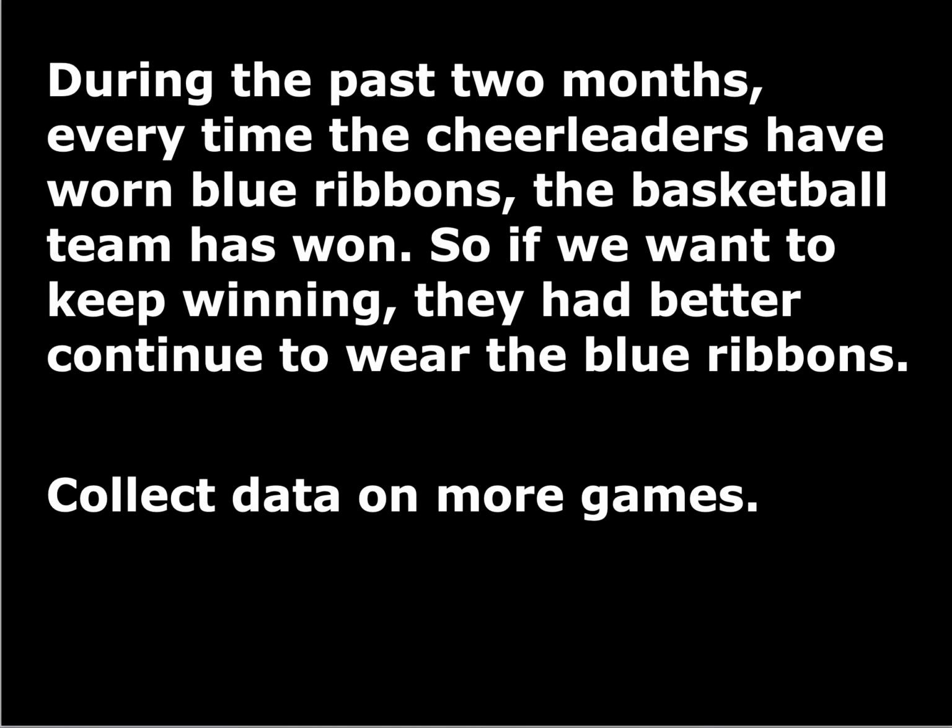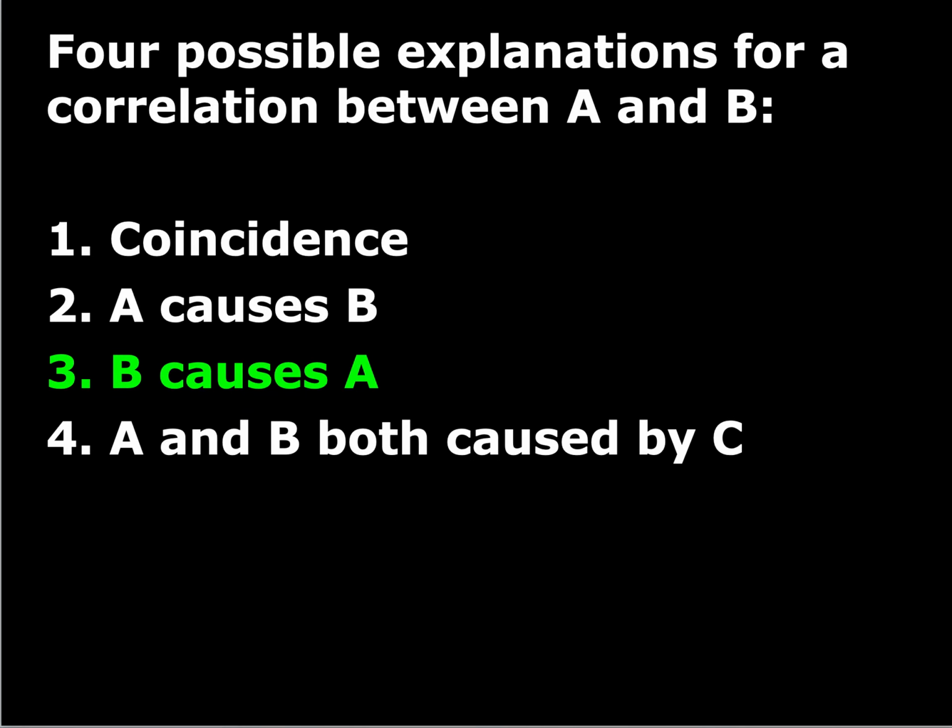Okay. How do you rule out B causes A? I'm going to say something right now about ruling that out, but I want to say one quick thing. Sometimes you can tell at least the difference between 2 and 3 just by temporal order.